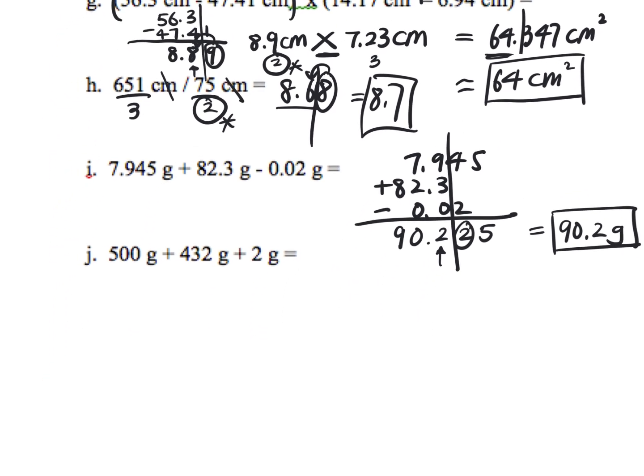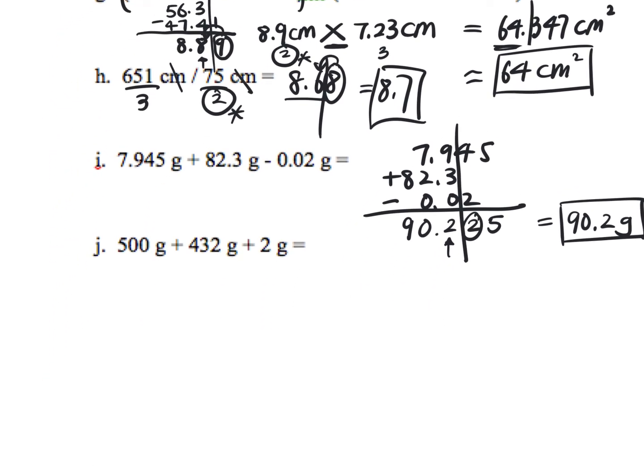Okay, last but not least, okay? Addition. So we need to do 500, 432, and then 2. They're all adding together. Okay, this seems like everything is ending on this single digit. But is that right? For 500, are these two significant?